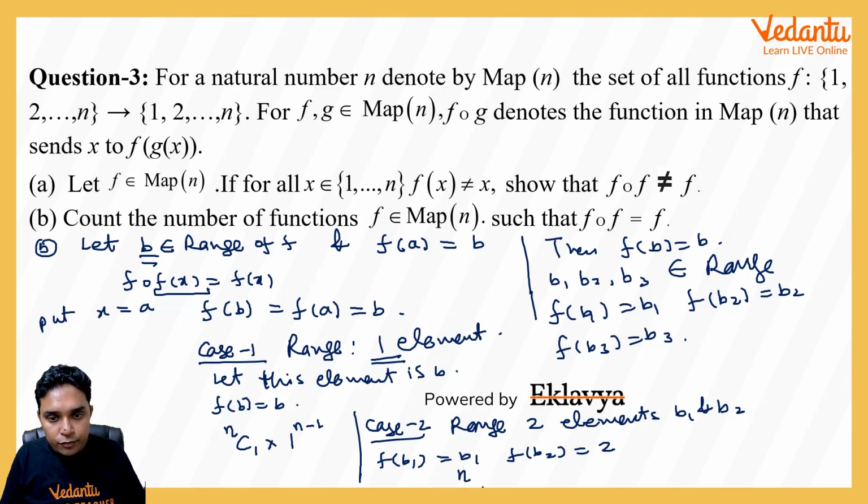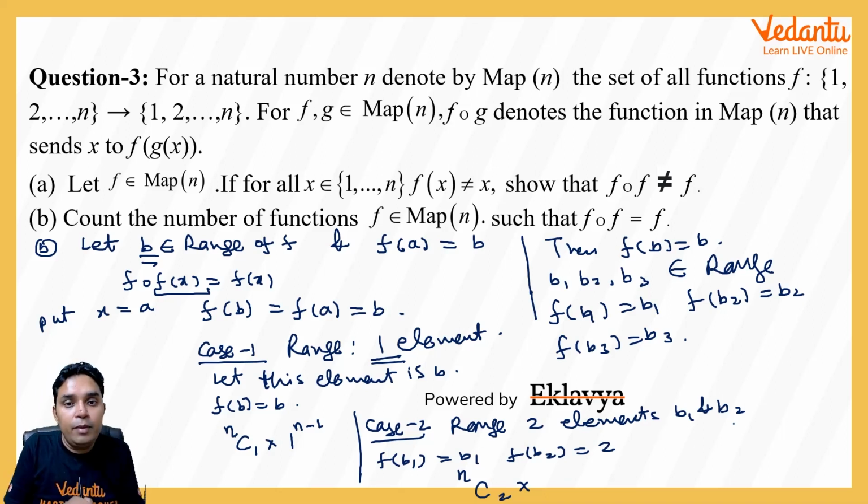First of all nC2, because out of n elements, which 2 will be in the range. Then other than B1 and B2, there are n minus 2 elements. They will be mapped to either B1 or B2. So each of these elements will have 2 options each, so 2 raised to the power n minus 2.